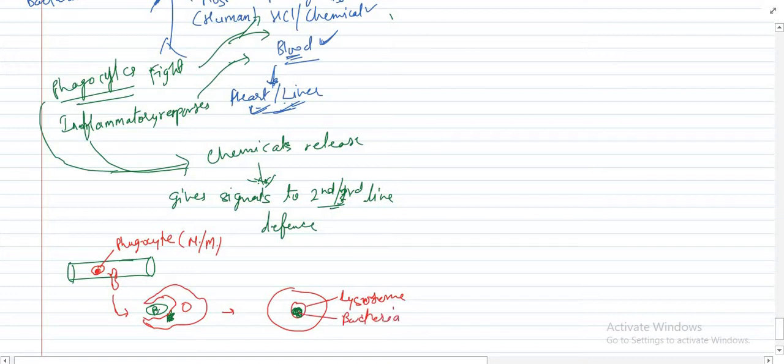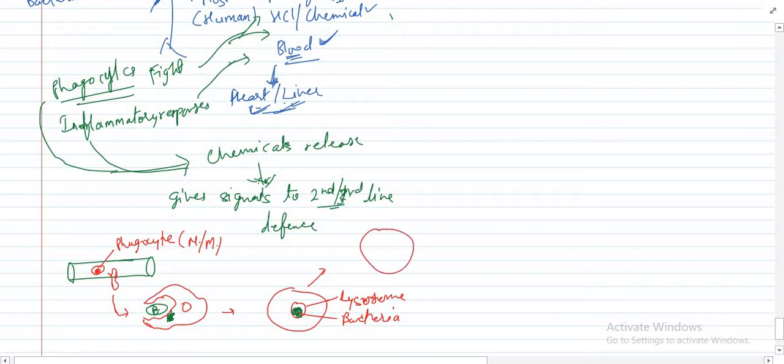Bacteria are killed by these lysosomes, and the lysosome releases some molecules or enzymes which can digest and kill them. There are lots of hydrolytic types of enzymes, different types of enzymes. And whenever they are killed, then parts of these pathogens leach into its body.